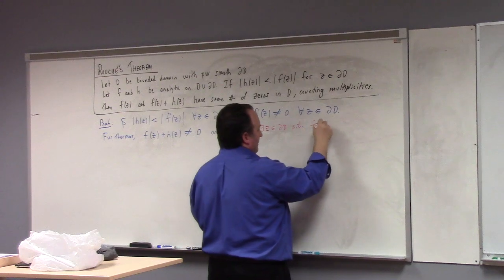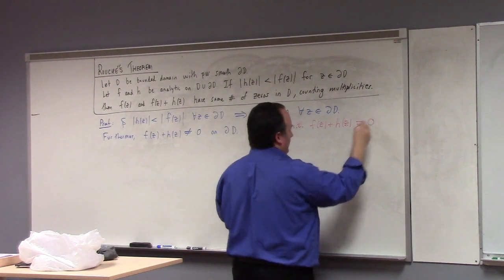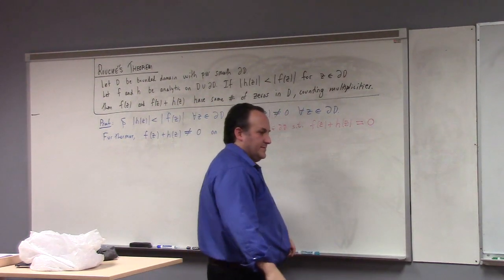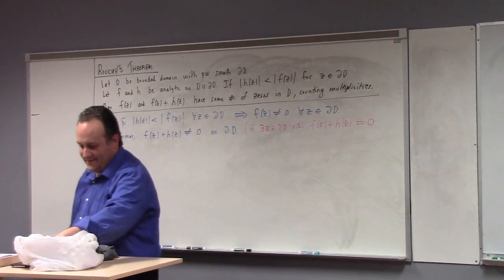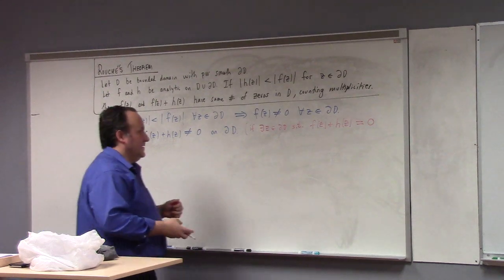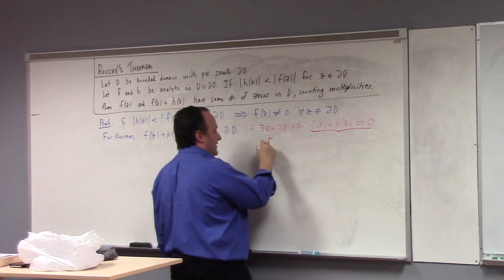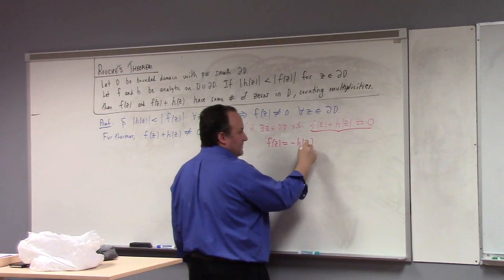So this means that f of z is equal to minus h of z for that z, right?